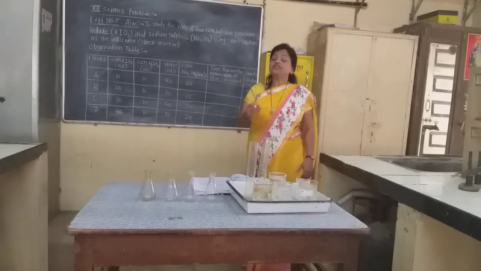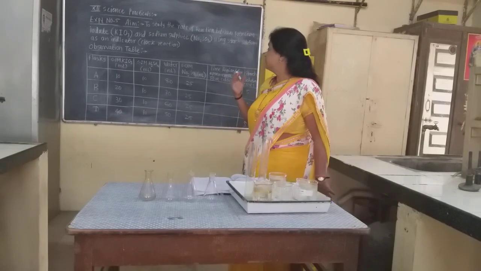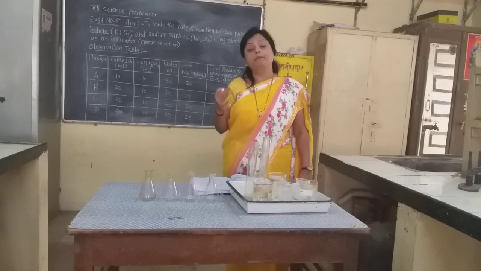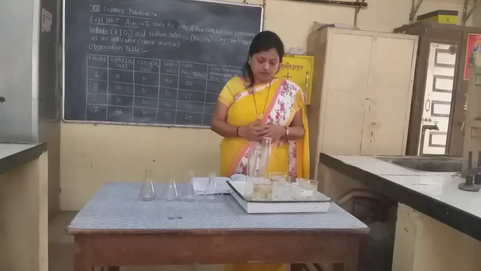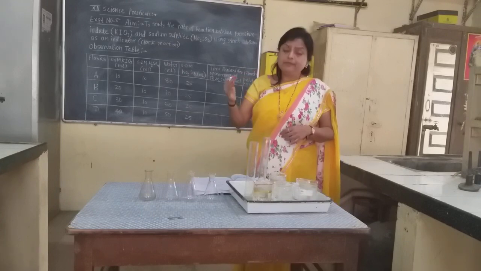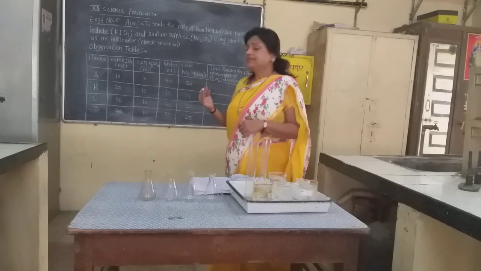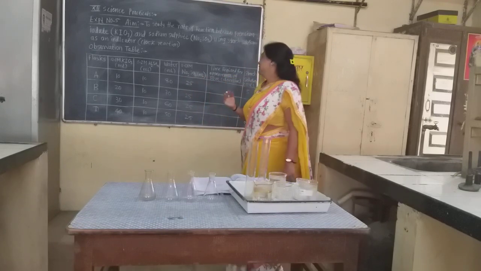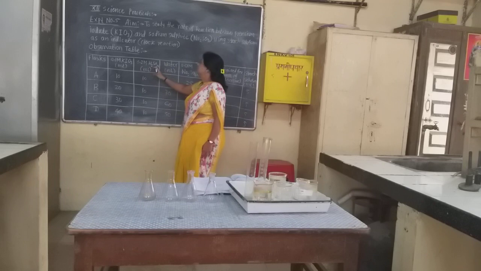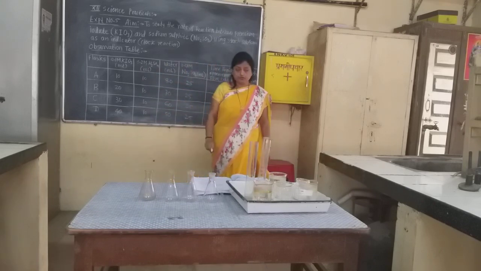Now the starch indicator shows the blue color after addition of the sodium sulfite when there is completion of the reaction. Then add about 10 ml of the 0.2 molar sulfuric acid into every conical flask.